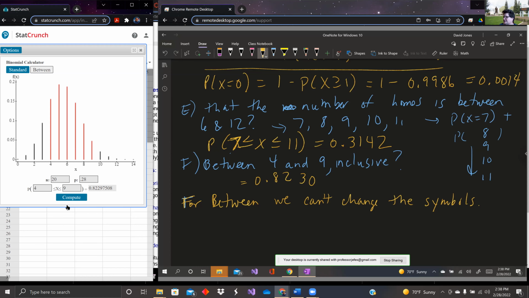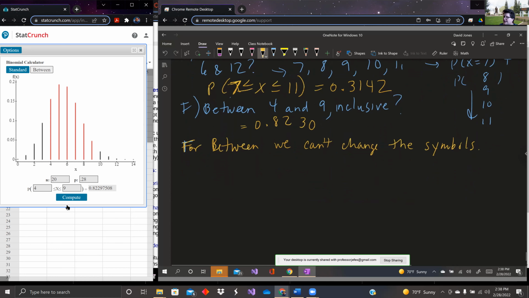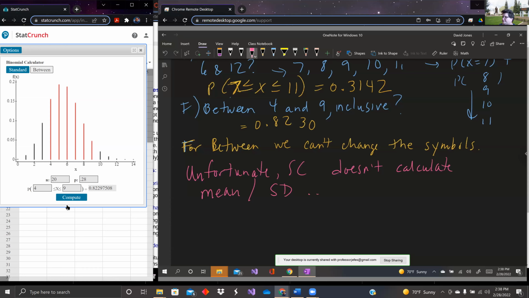Unfortunately, this is our big unfortunately for StatCrunch. StatCrunch doesn't calculate the mean and standard deviation for us. But they aren't too bad.